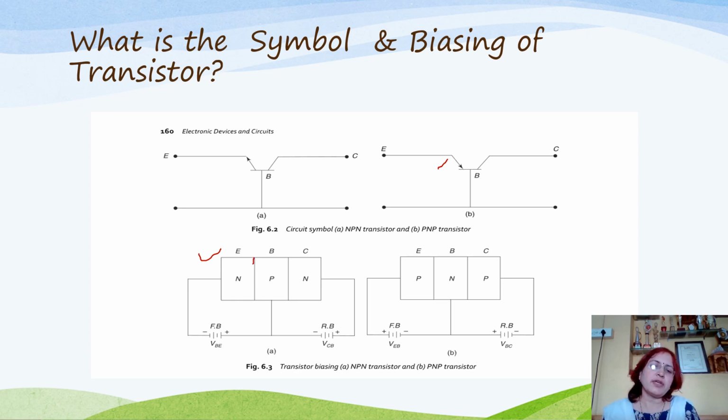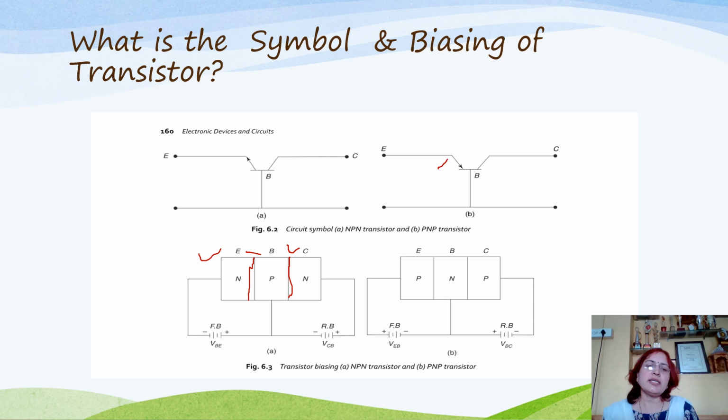The contact surface between emitter and base is called as the emitter base junction. So this is the first junction, input junction, emitter base junction. The second contact surface between base and collector is called as collector base junction. This part is called as collector base junction. And depending on how these two junctions are biased, the biasing of transistor is defined.